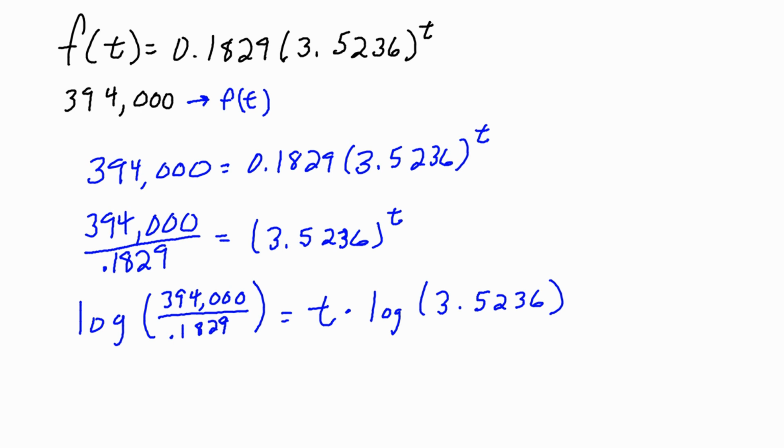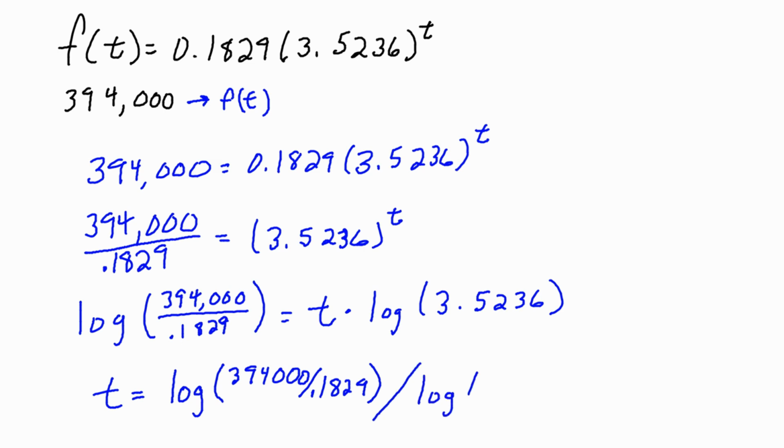Dividing both sides by the log of 3.5236, t will equal log of 394,000 divided by 0.1829, divided by log of 3.5236. And that's what we want to calculate.